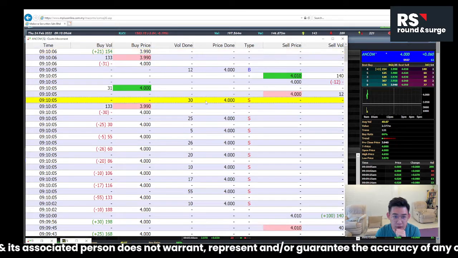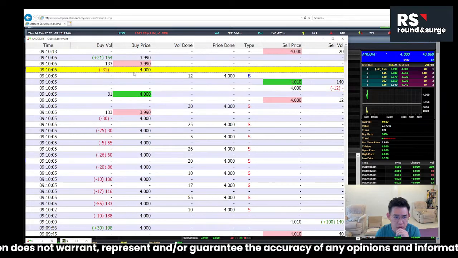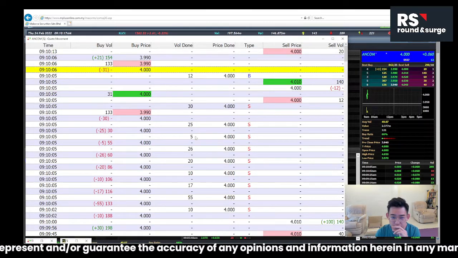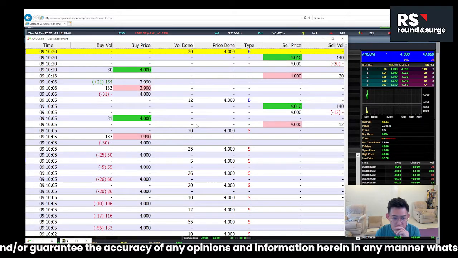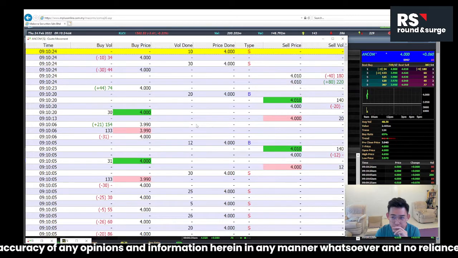Forty lots are cancelled. So left 31, always left 31 lots there, then they'll cancel off. Ding. Big throwdown in 1 second. So maybe they're shaking off some of the sellers here.